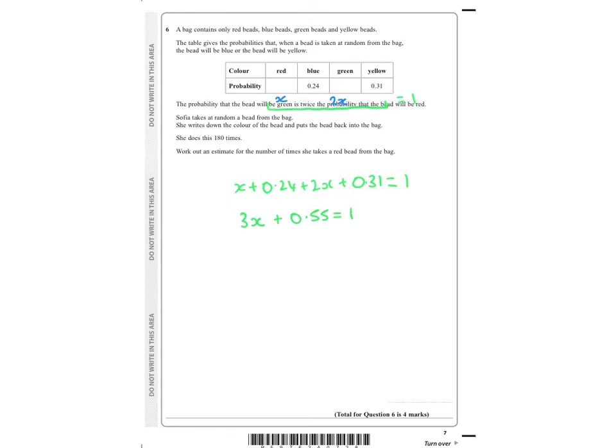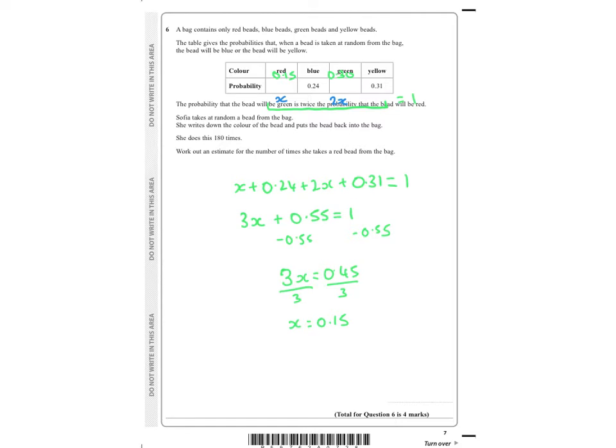If I take away 0.55 from both sides, I get 3x equals 0.45. Divide both sides by 3, I get x equals 0.15. So now that I know my red bead is 0.15, 2 times 0.15 is 0.30. I can double check I'm right by adding them all up and they will give me 1.